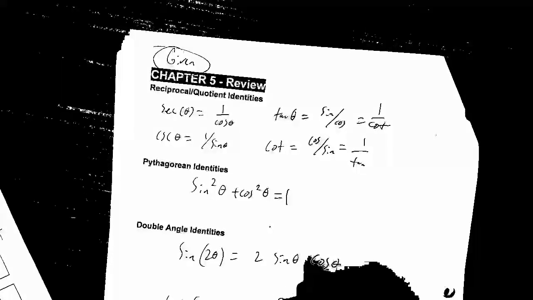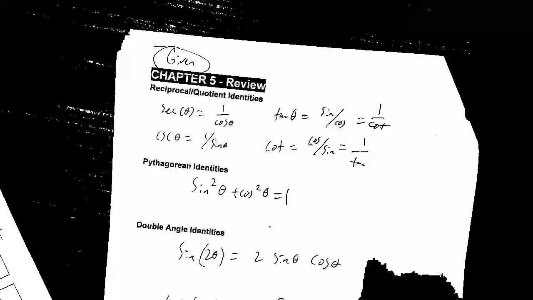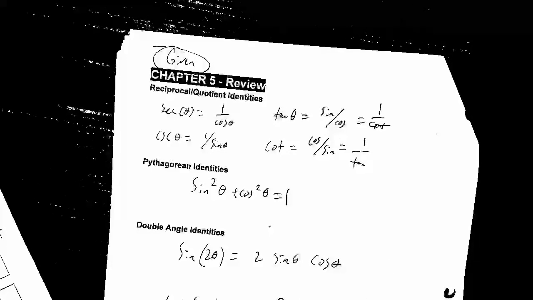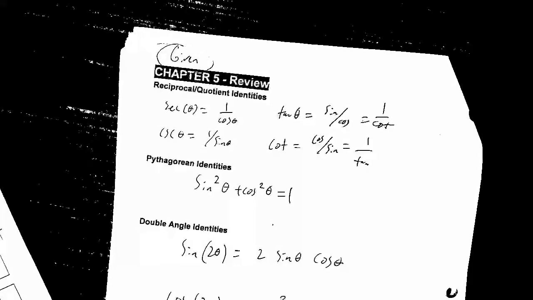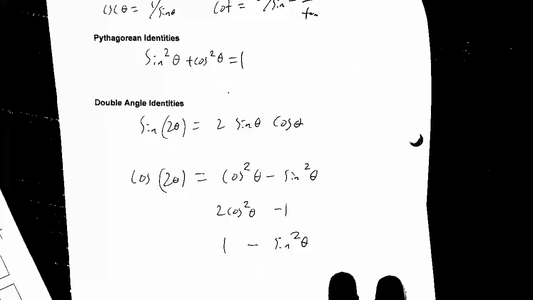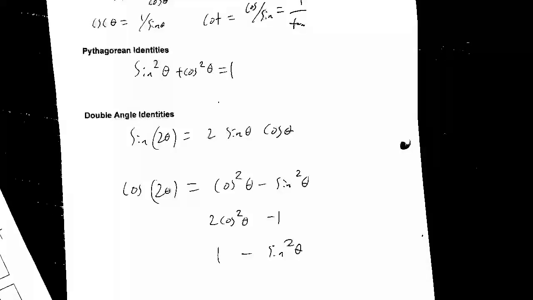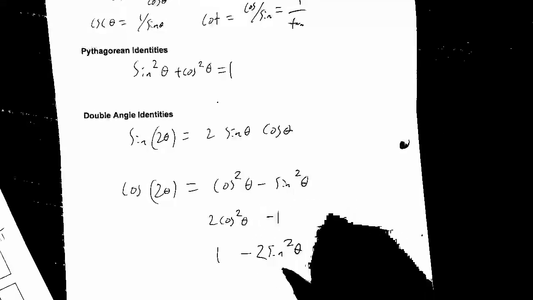It could be cosine squared theta minus sine squared theta. It could be 2 cosine squared theta minus 1, or it could be 1 minus 2 sine squared theta. Okay, so there's 3 options. All right, again, these are given to you.